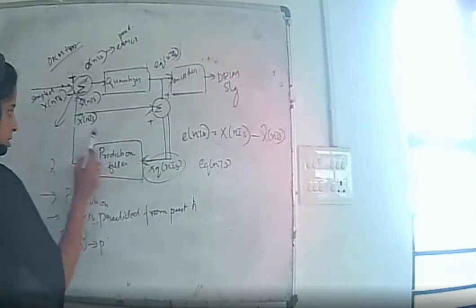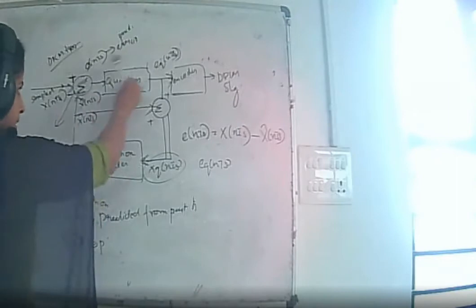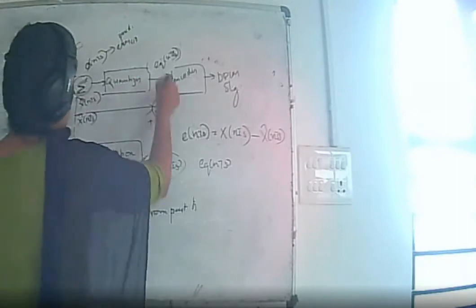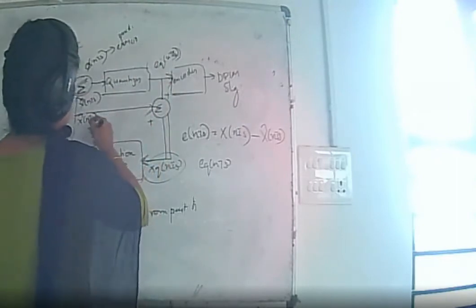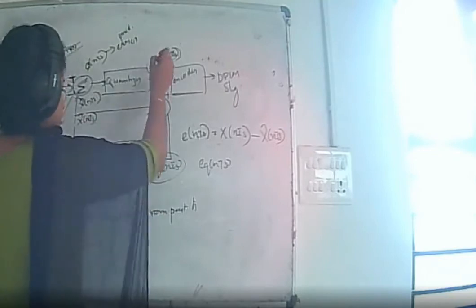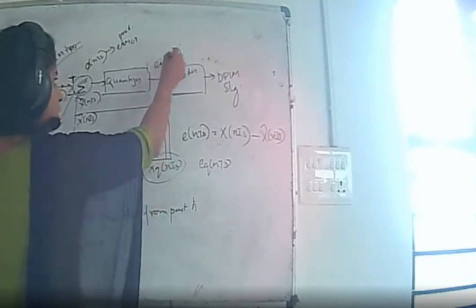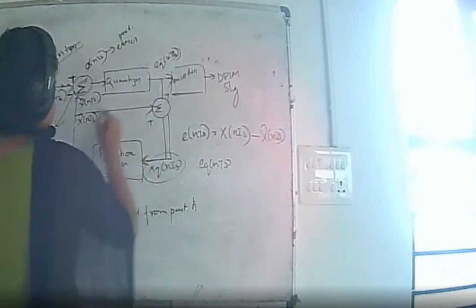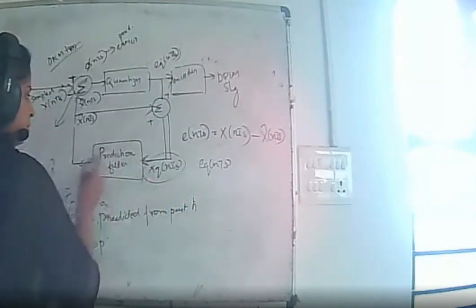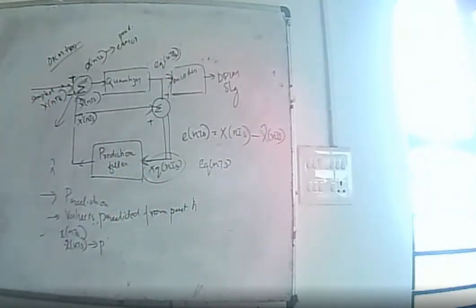This is the past, this is the present. So when comparing, this is the previous value of the prediction filter, and this previous value is given as an input to this prediction filter.